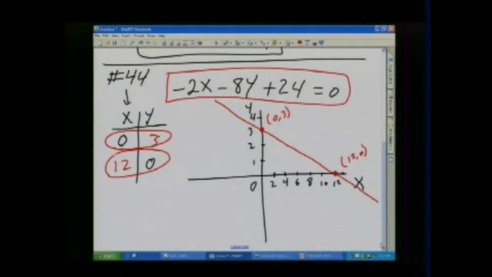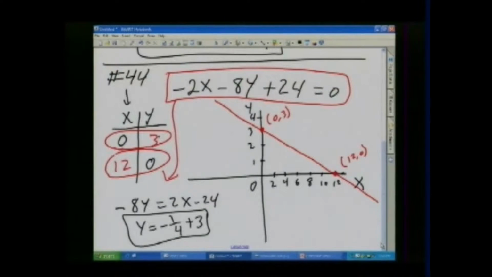Of course, if I was going to show the slope and the y-intercept here, put it in the format of y equal mx plus b, from here you can see I can solve minus 8y equal to 2x minus 24 and divide everything by minus 8. Y would be equal to minus a quarter x plus 3.